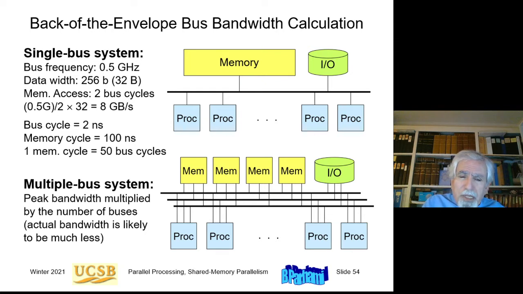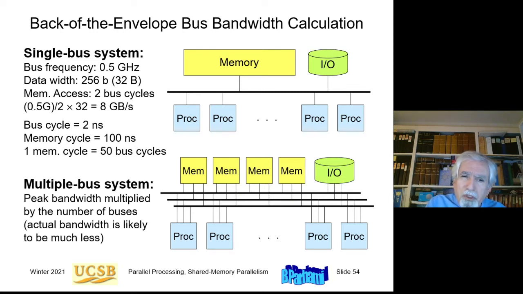Okay, 8 gigabytes per second is not very impressive for a large multiprocessor system because these are typically used in applications that are data intensive and a lot of data must be sent back and forth between memory and processors.